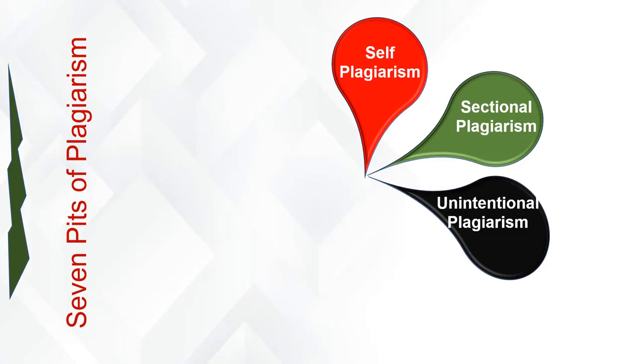And I agree with it, because it happens, I can do it, you can do it, anybody can do it. The important thing is that once we realize, once we detect it happening in our writings, we must fix it and refer it to the original source. The best remedy for unintentional plagiarism is to identify it, fix it, and refer that portion, or whatever you have borrowed, to the original source. Right?